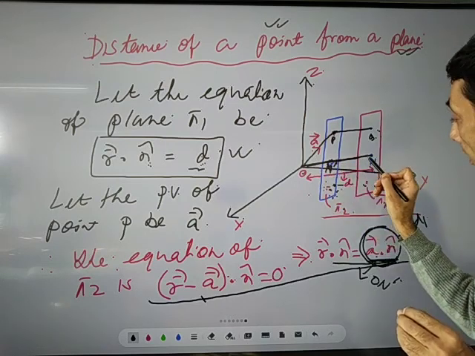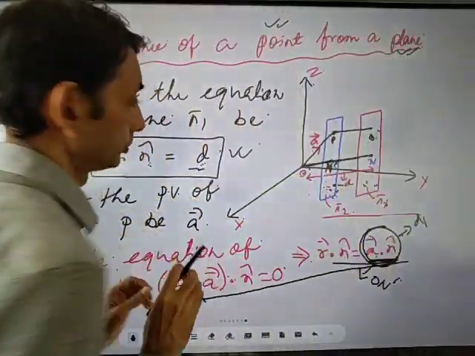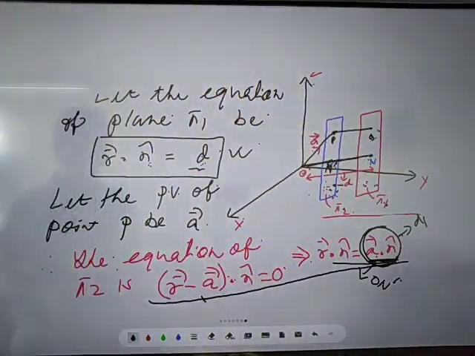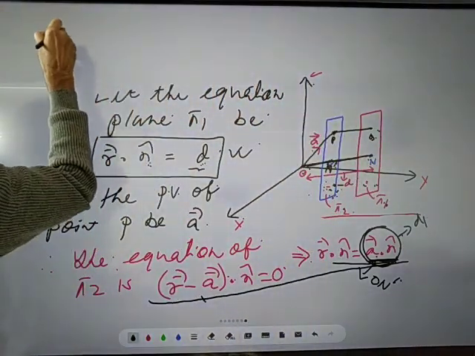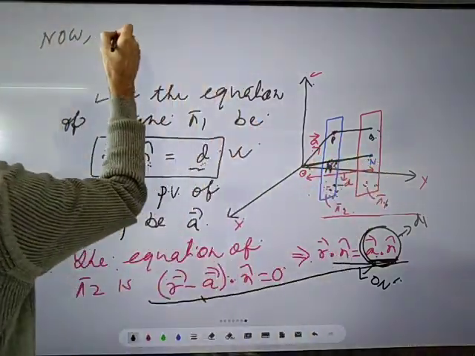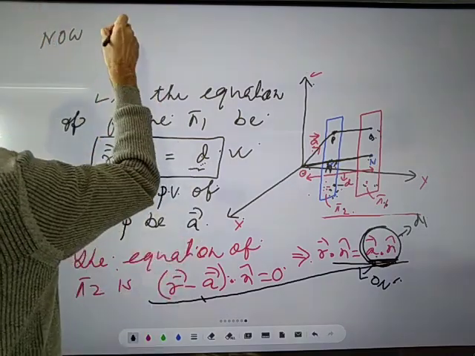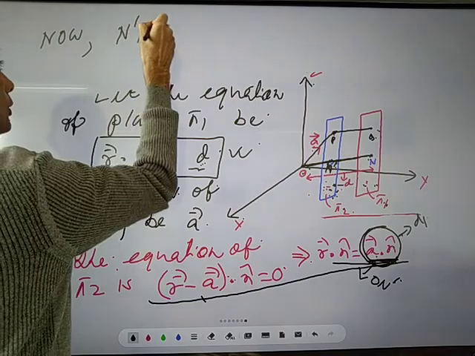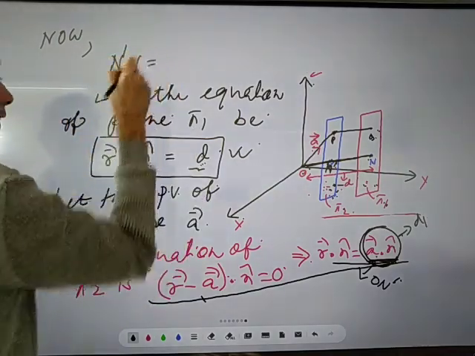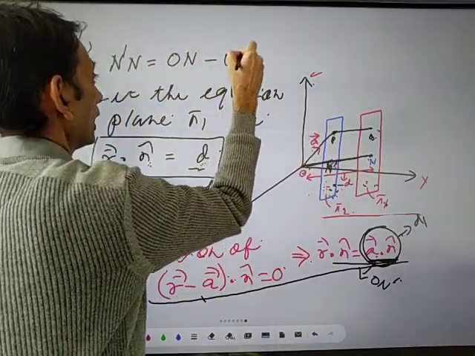N dash n can be written as O n minus O n dash.